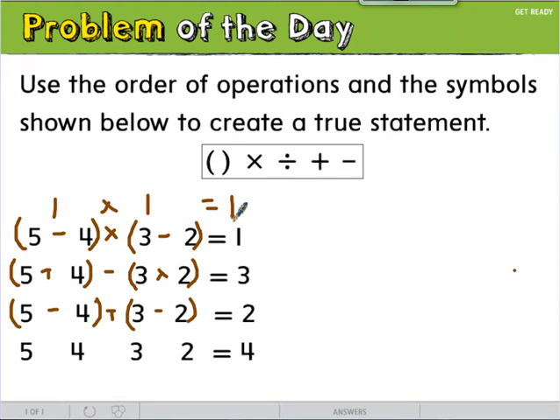All right. Our last one is going to equal 4. Yes, sir? I'm going to add the first one. So 5 plus 4? And that's 9. Subtract.